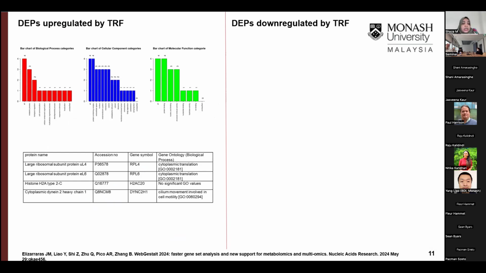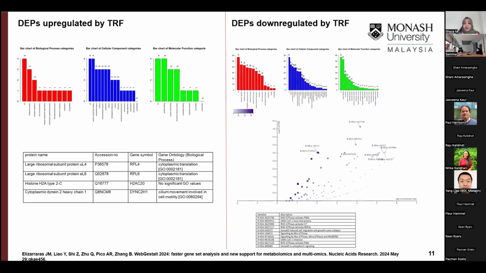The downregulated ones were mainly pathways that kill cancer, as shown here, and are involved in disease, regulation of cell cycle, apoptosis, and other pathways.